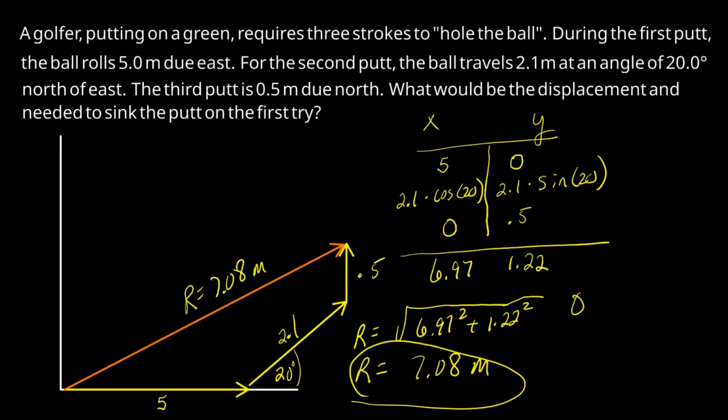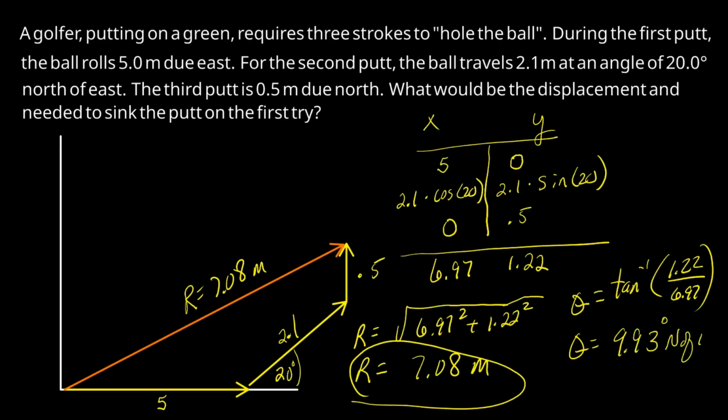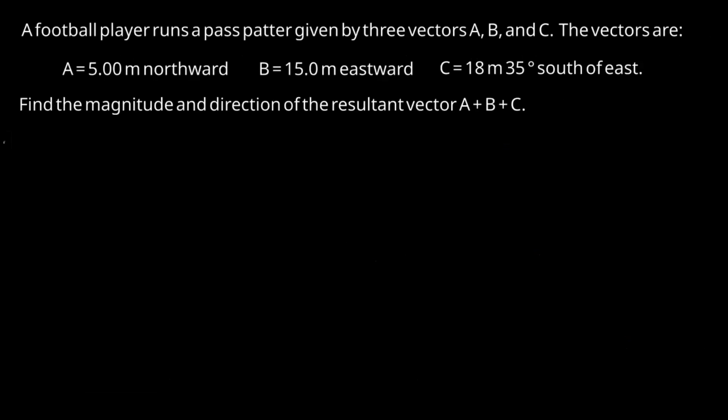And the angle is going to be the inverse tan of 1.22 divided by 6.97. So it's going to be 9.93 degrees north of east. So this angle here is 9.93.